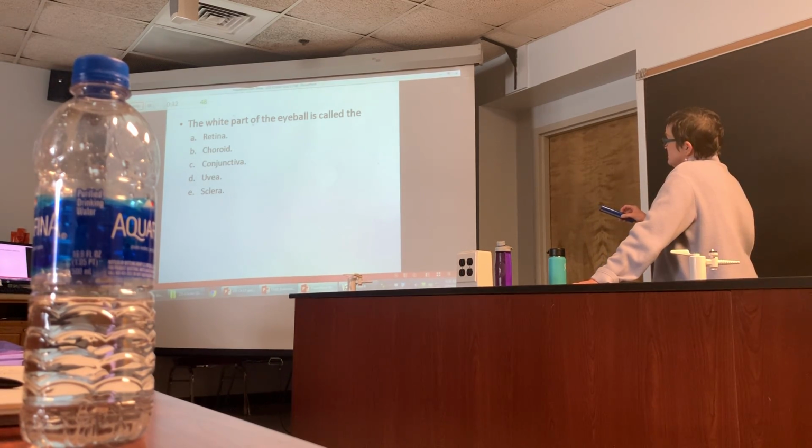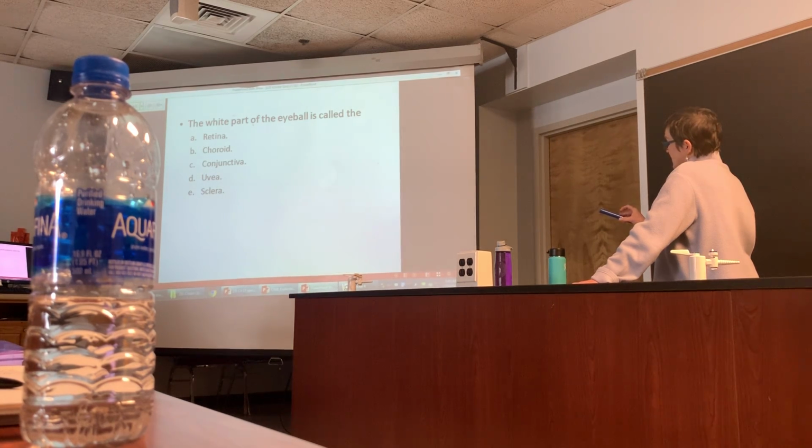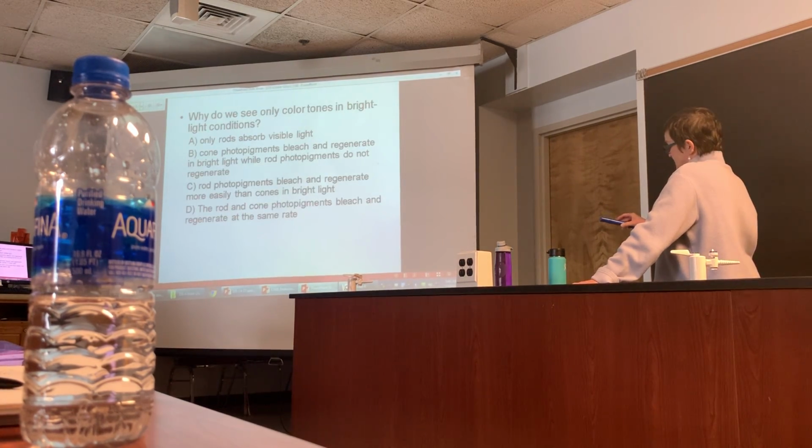Vote. Double click it, okay. All right, sclera is correct. The whites of your eye is the sclera, and it's collagen that makes it so white.